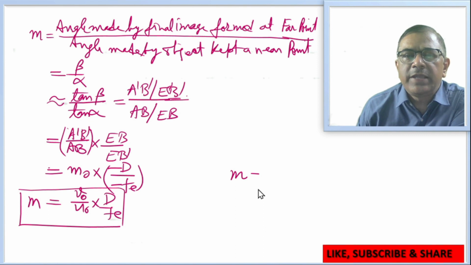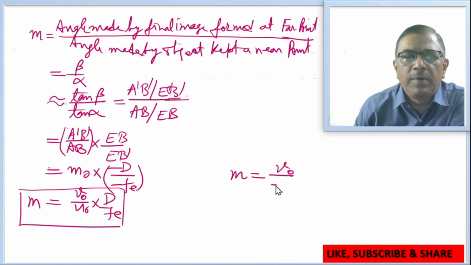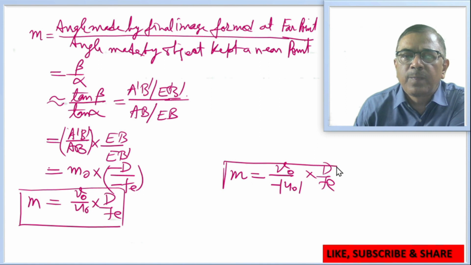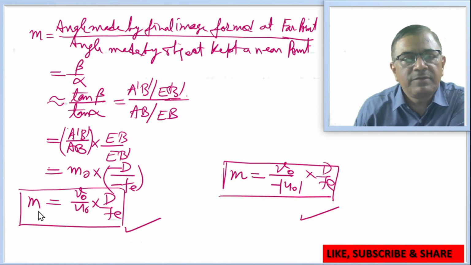This expression can also be rewritten as m is equal to VO by minus UO modulus multiplied by D by Fe. Both of these results tell the final magnification is negative.